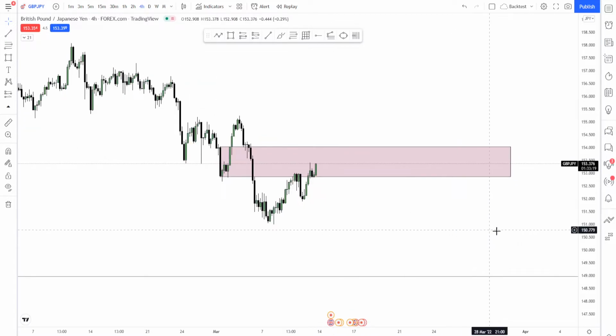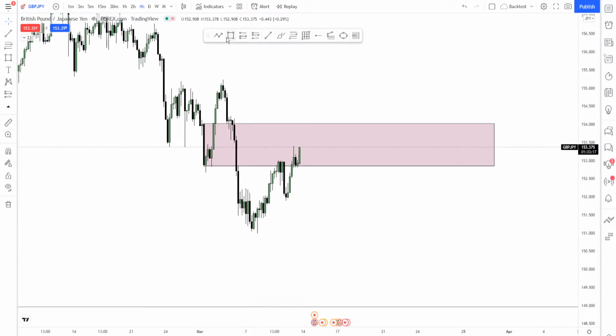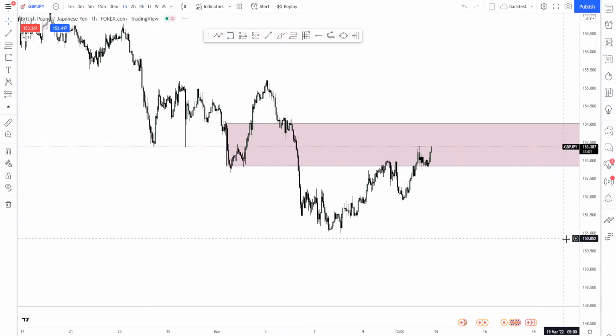So yeah, possible areas of interest. We could be going for this small area of buy side liquidity, and then this imbalance, this fair value gap right here. Let's have a look on the hourly.